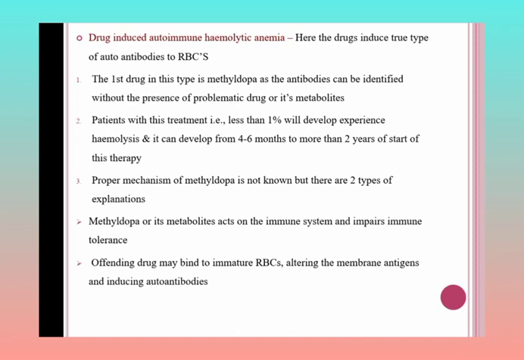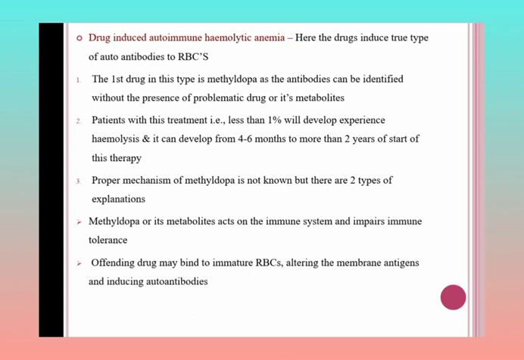In patients with this treatment, less than 1% will experience hemolysis, and it can develop from 4 to 6 months to more than 2 years after the start of this therapy. The exact mechanism of methyldopa is not known, but there are two explanations. One is that methyldopa or its metabolites act on the immune system and impair immune tolerance. Another is that the offending drug may bind to immature RBCs, altering the membrane antigens and inducing autoantibodies.